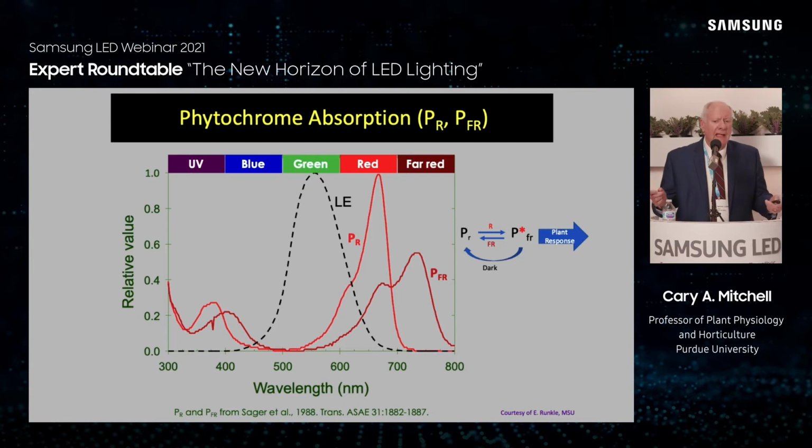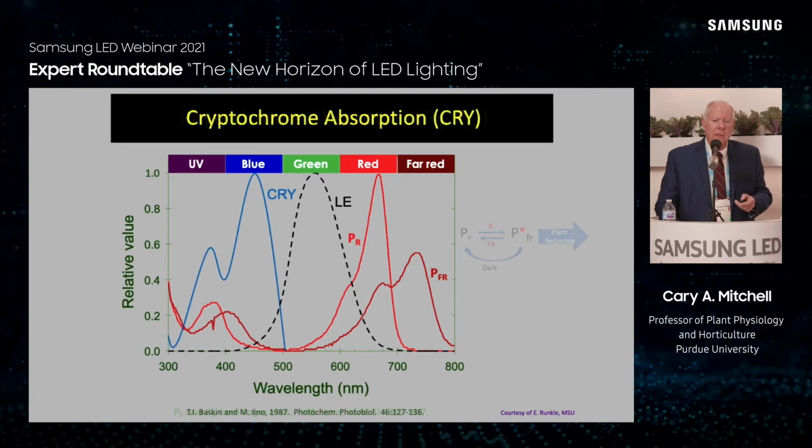And these can go back and forth because if you're giving plants white light, you've got some red light in it, you've got some far red light in it. And so what you're going to end up with is a phytochrome photoequilibrium, and the value of that is going to determine a lot of aspects of plant development, whether they will flower or not, how they will grow, for example, whether it'll be shade avoidance or compact growth. Very important in plant photomorphogenesis.